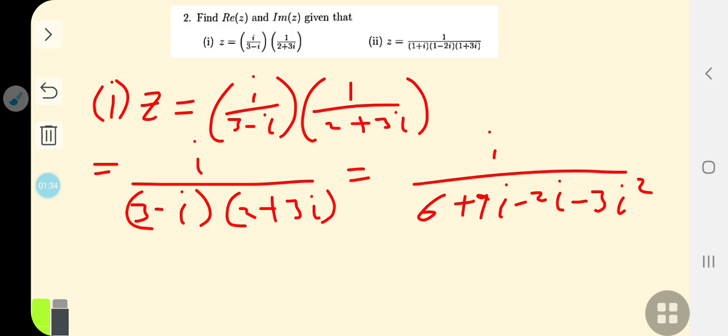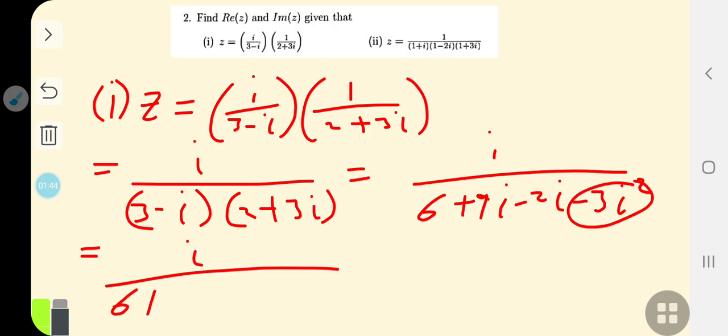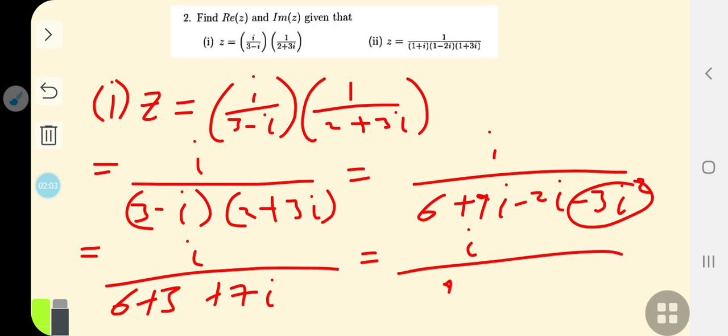Then from here I'll have i divided by, we have a negative i squared there, so I'm going to have 6 plus 3, then 9i minus 2i, that will give me positive 7i. So 6 plus 3 gives me 9, plus 7i.